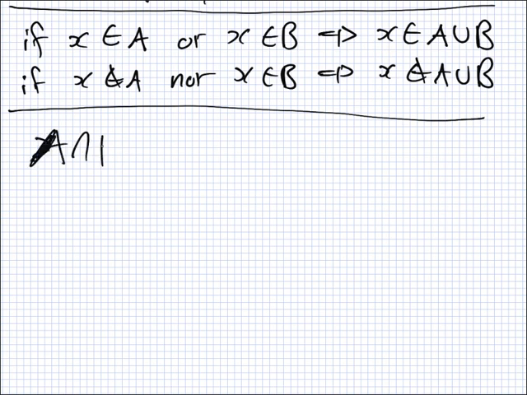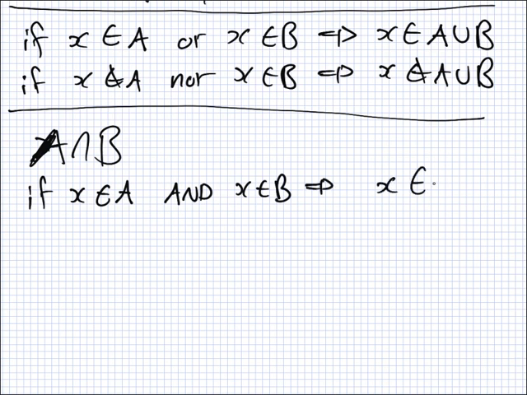A intersect B. So, if x is in A and x is in B, then that means x is in the intersection.